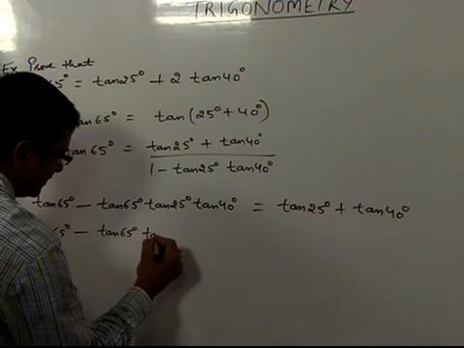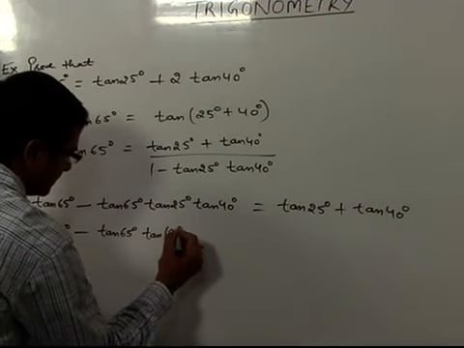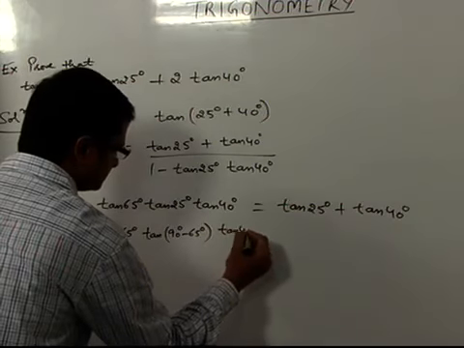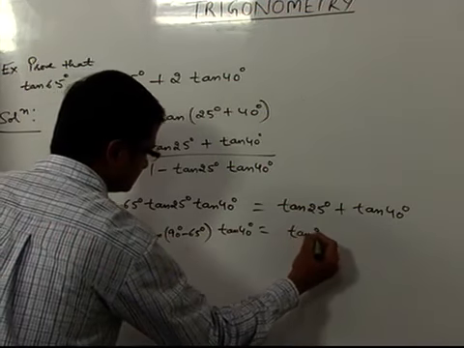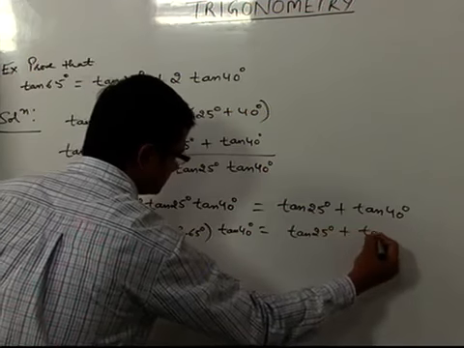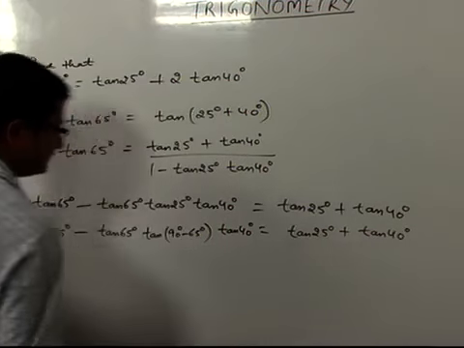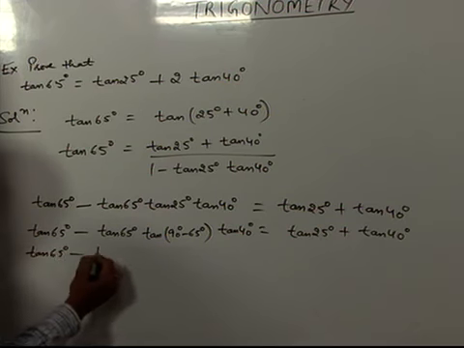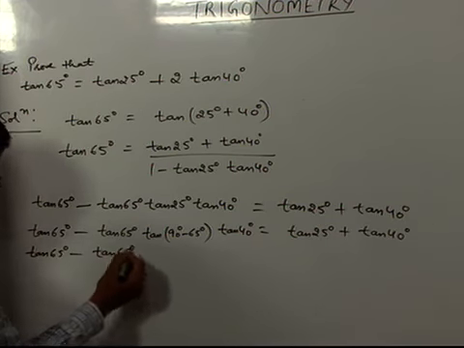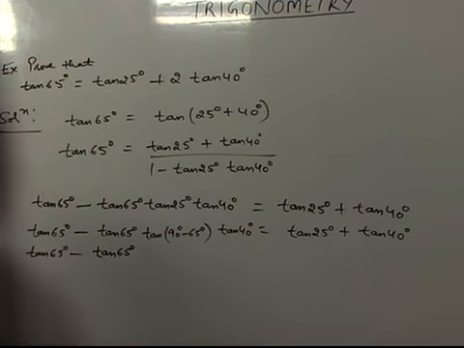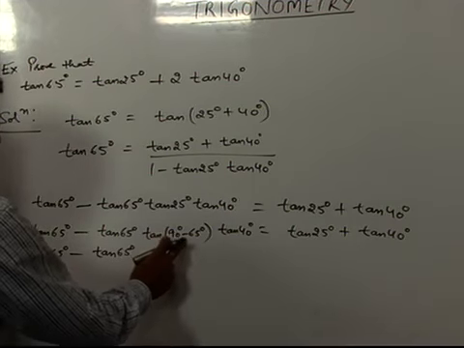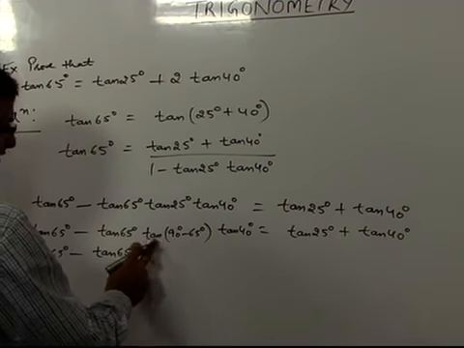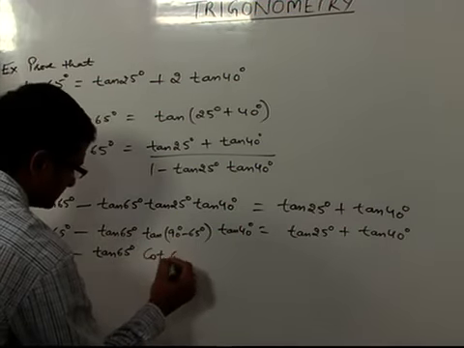Tangent 25 degree can be written as tangent 90 degree minus 65 degree. By applying the concept of allied angle, in first quadrant tangent is positive and with 90 degree tangent will change into cot.